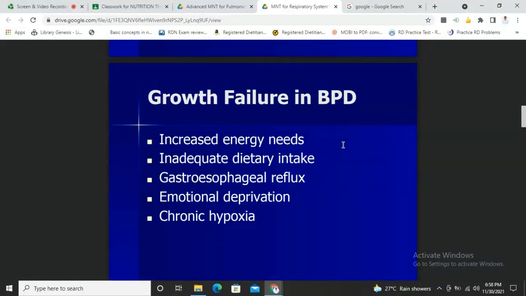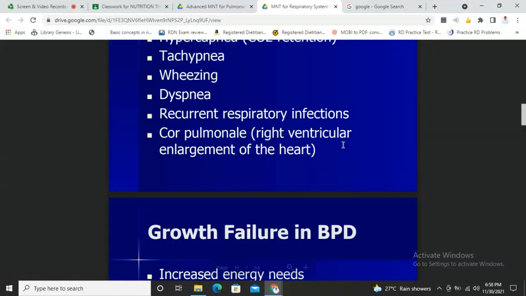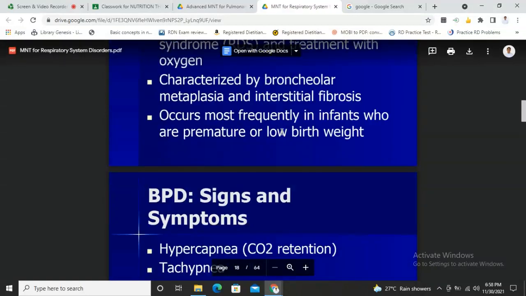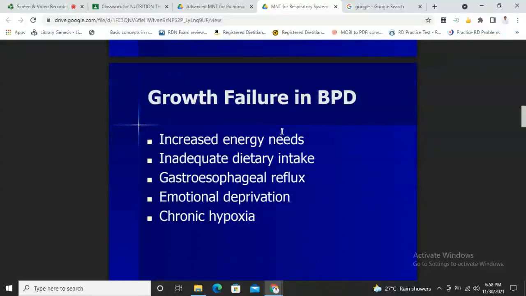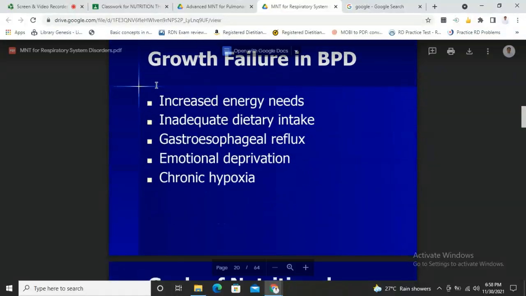Okay? And, yeah, because this is an inflammatory disorder also. Okay? So, mutaas pud ang energy needs, okay, nga dili ma-meet due to reduced food intake or inadequate dietary intake.